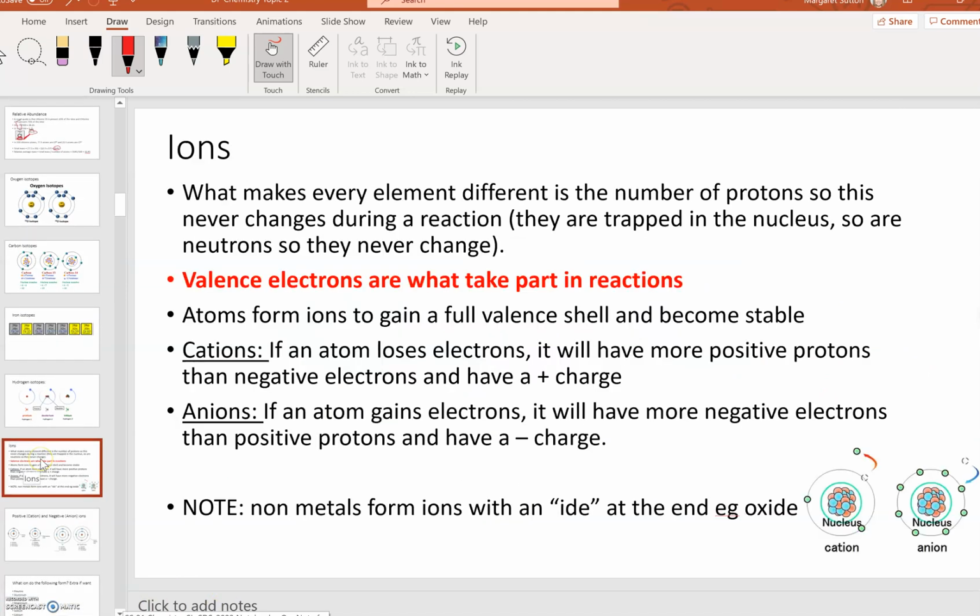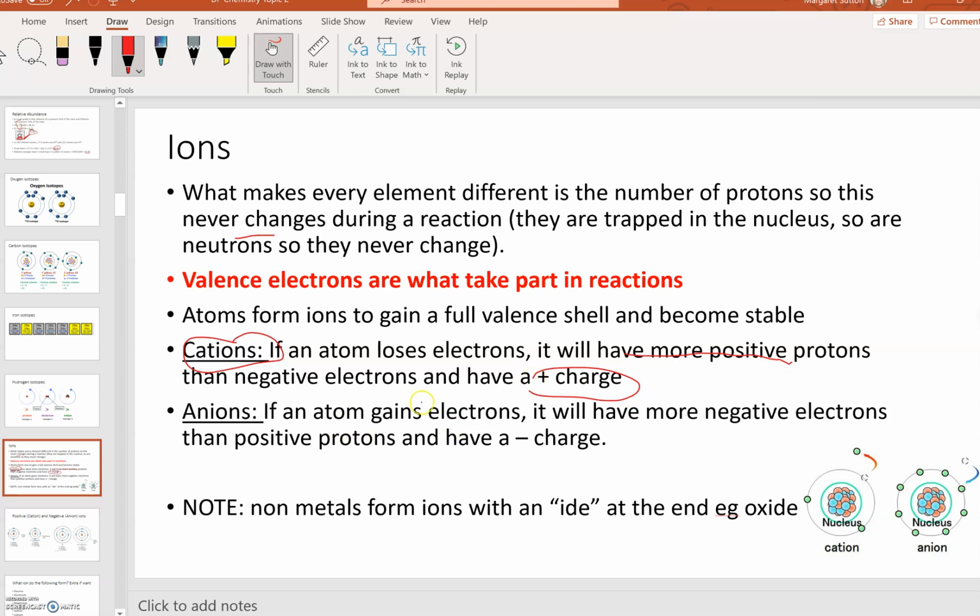Okay, moving on quickly to ions and what ions are. We've done these since middle school, so I know most of you will be really confident, but just to go over it again. Atoms that don't have a full valence shell, which is the outer shell, are said to be unstable, and so they're going to lose or gain electrons to gain stability. If an atom loses electrons, it's called a cation, and the reason for that is because if it's lost electrons, it's now got more positive protons than it does negative electrons, and therefore a positive charge.